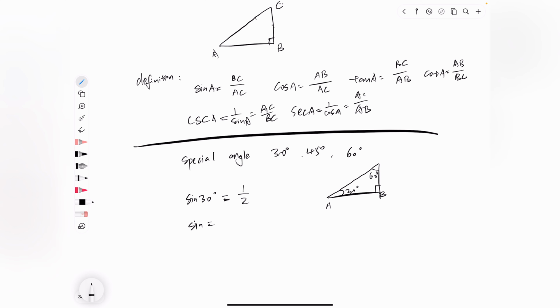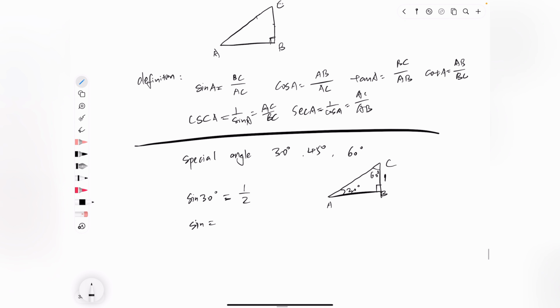So A, B, C. This side will be 1 unit, this one will be square root 3, and this will be 2. So 1 squared plus square root 3 squared equals 2 squared: 1 plus 3 equals 4. If this side is 1 and this side is root 3, this side will be 2. So sine 30 is 1 over 2.